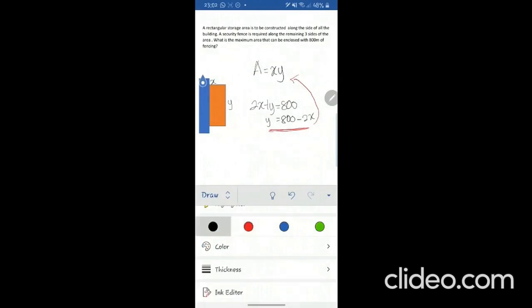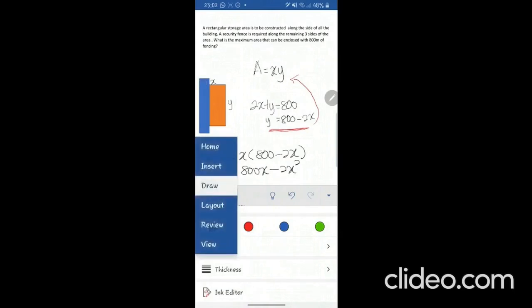So let's proceed. A equals x, and for y we put this value, 800 minus 2x. So solve this. 800x minus 2x square, like that.